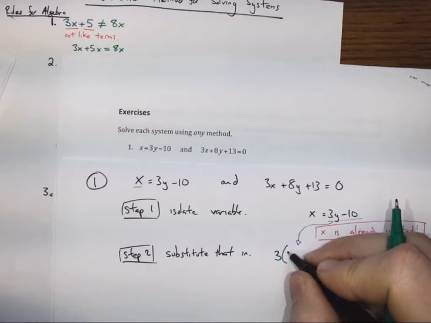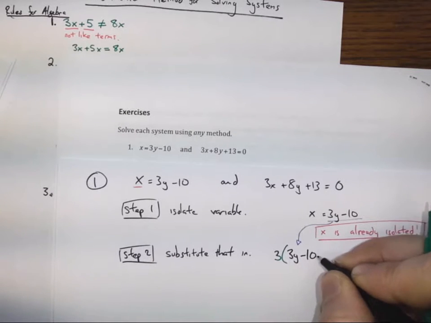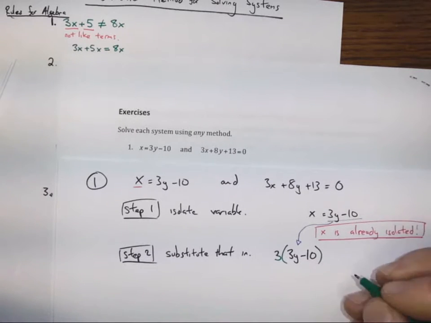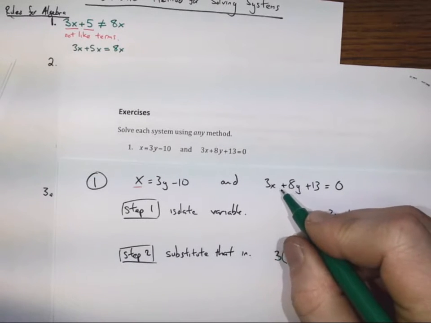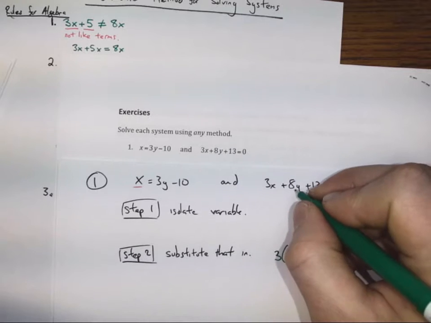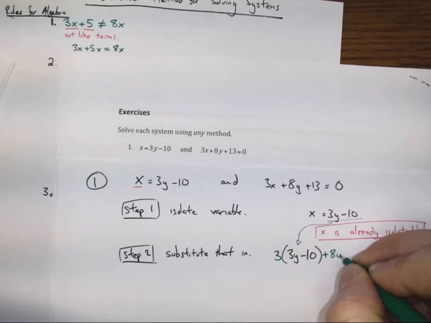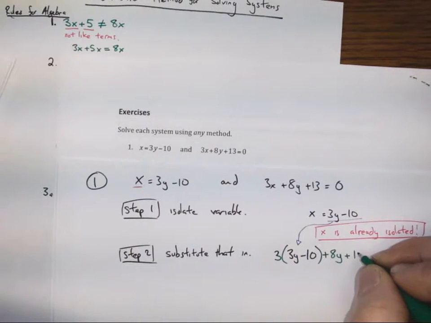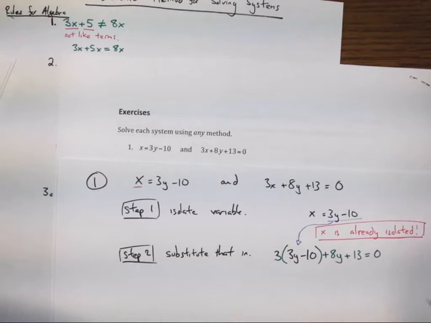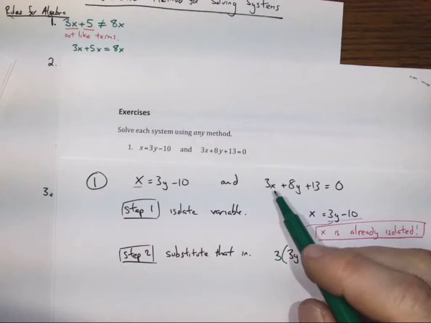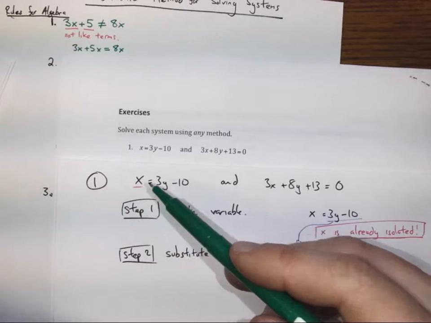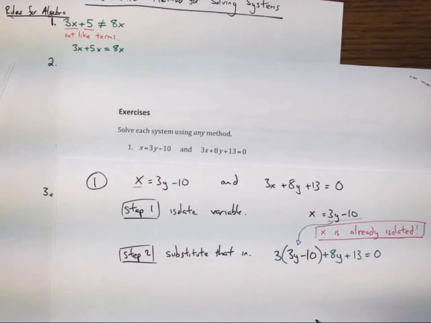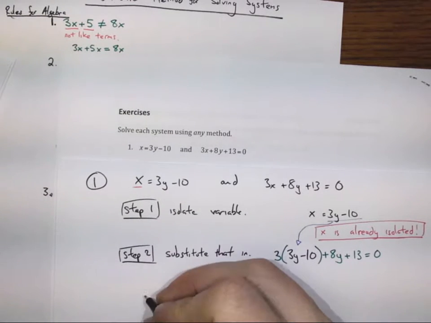So I'll write it in the same color, 3y minus 10. And then we have to keep writing the rest of the line. And we have to be very careful to make sure we keep all the positive and negatives exactly the same. Plus 8y plus 13 equals 0. Okay. Now, it's important to have done this on the other equation. So we can't plug this back into itself. We have to plug it into the other equation.